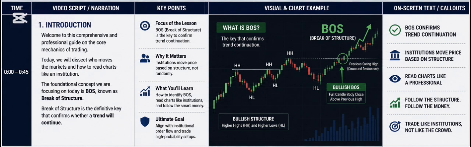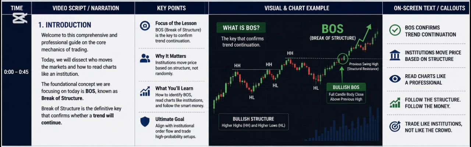If the market successfully breaks above that previous swing high, a bullish break of structure occurs. The term break of structure literally signifies that the previous structural ceiling has been completely broken.